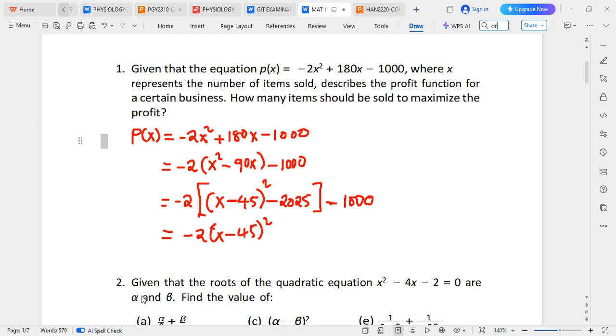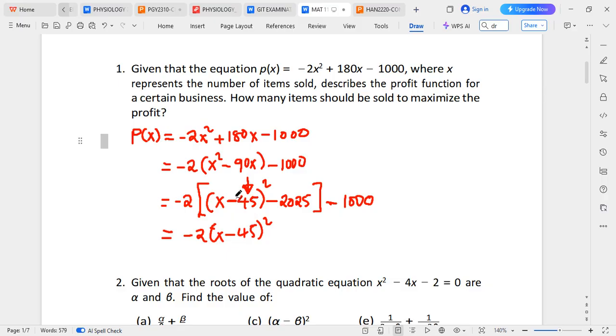Okay, there's a question. So the 2025 is I got 45 and squared it. Does that make sense? So you always get this number here and square it.